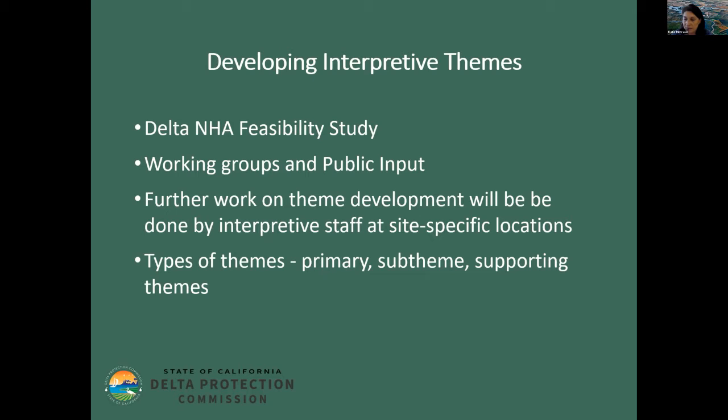The next step would be for the interpretive staff, or if you belong to a specific location, you can take the framework we have and develop it to meet your needs at your specific location. So I'll go through a few examples here.